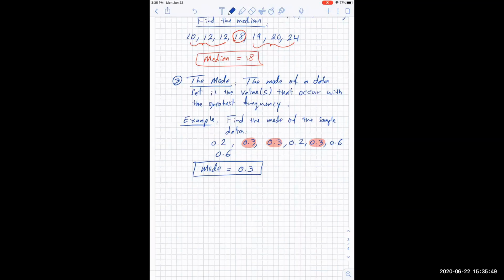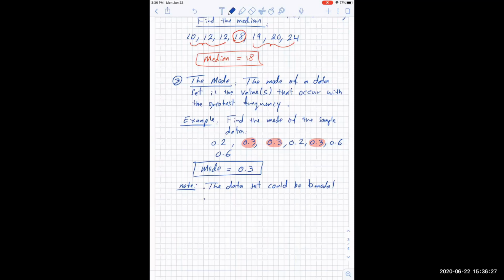Okay. Now there is a possibility. I just want to write a note for you here. Note: there is a possibility that the data set could be bimodal. There could be more than one value with the same repetition, same frequency.